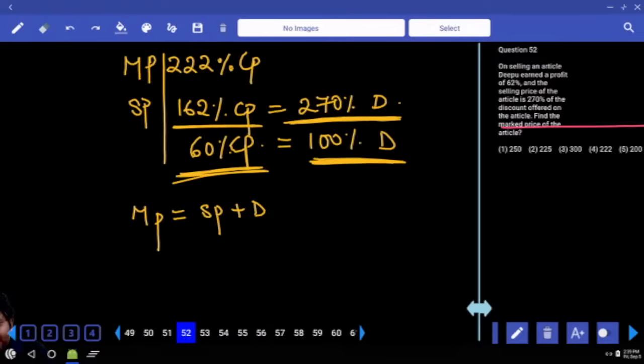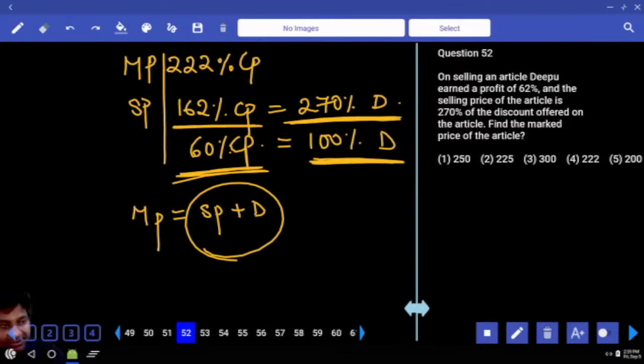So market price will be equal to selling price plus discount. 162% of cost price plus 60% of cost price. Both together 222% of cost price. So here, even in the question also, find the market price of the article is what percent of the cost price. The question should be clear there.